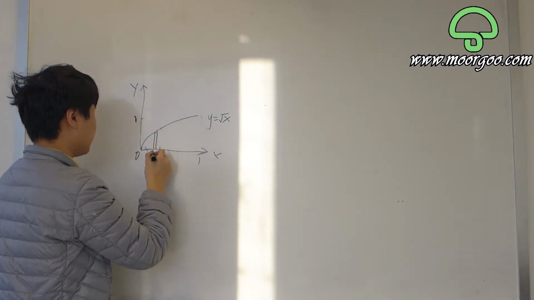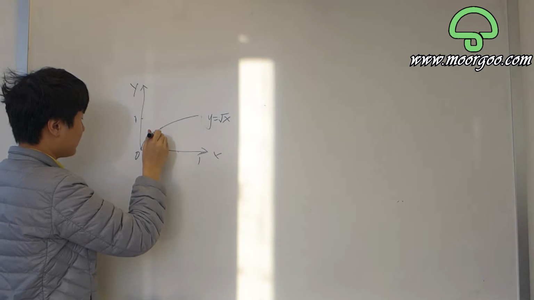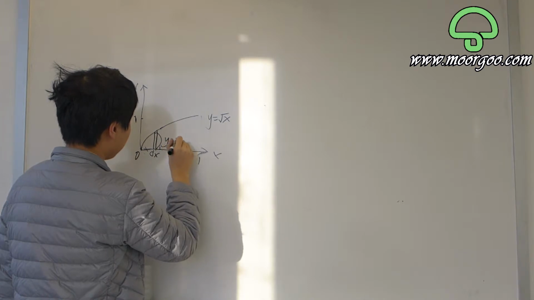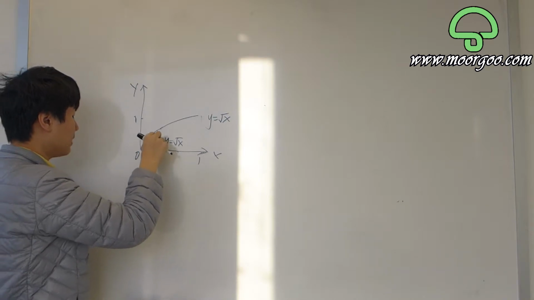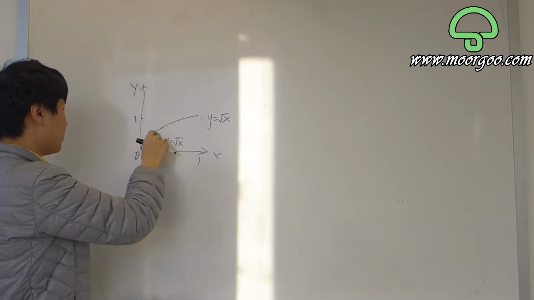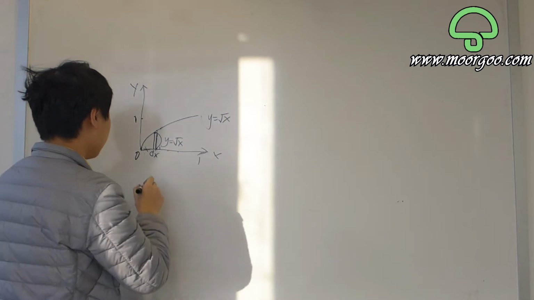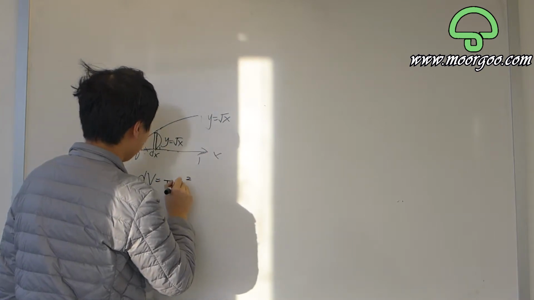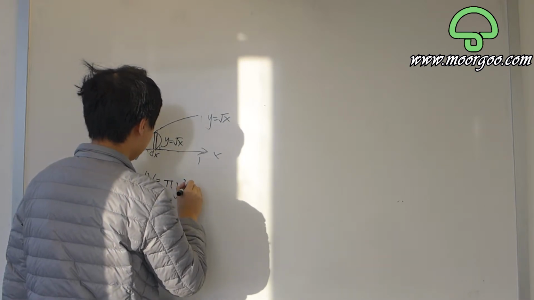Its thickness is dx and the height is y, and we revolve this around the x-axis, and this rectangle here will generate a disk. How do we calculate the volume of the disk? Pi times r squared, where the radius is y, times dx.